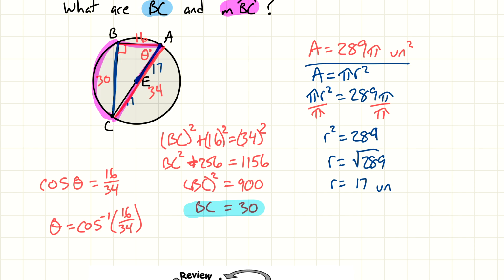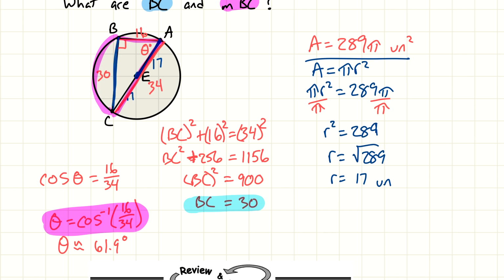If you put that in a calculator, I think it gives you approximately 61.9 degrees. Either way, if you just want to leave an exact answer, this would be a good exact answer. If not, feel free to use a calculator.